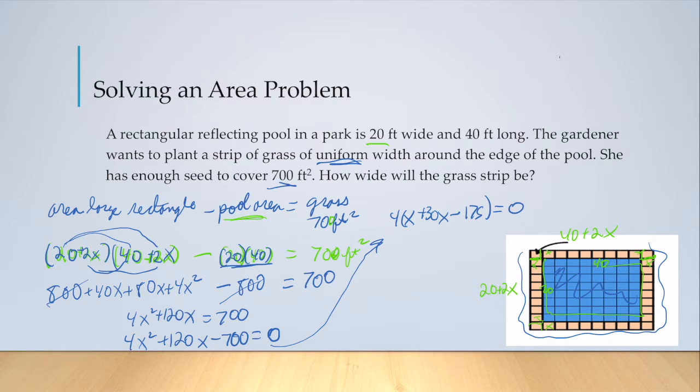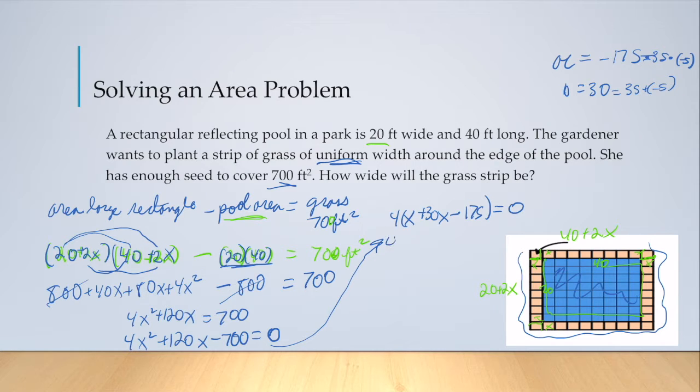And I know that my AC in this case is negative 175, and I need that to add up to b, which is 30. And I have negative 175 is a positive 35 times a negative 5.